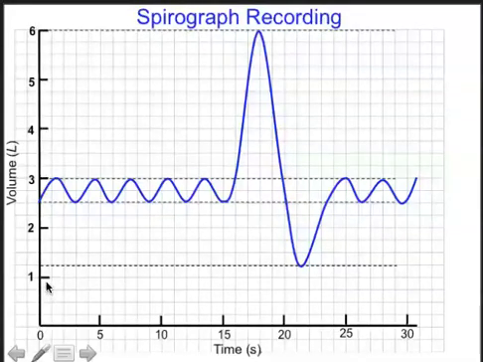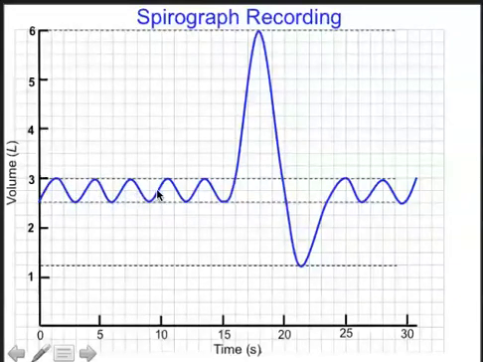So each tiny square represents a quarter of a liter, or 250 milliliters. If we were to measure this person's tidal volume, we would measure 2 squares. Well, 2 squares would represent 500 milliliters. So that's this individual's tidal volume.